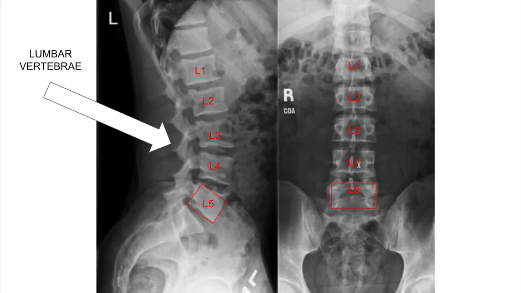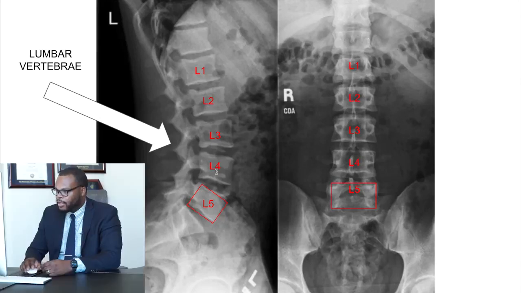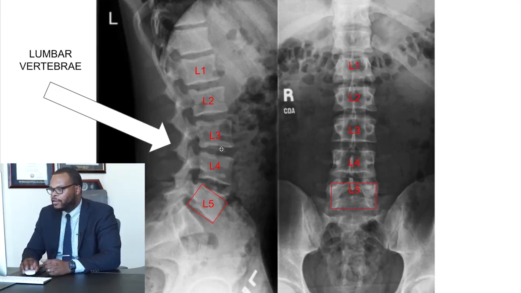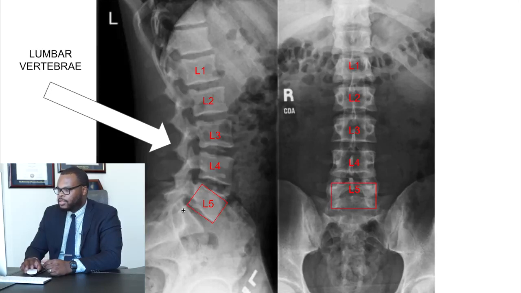So this is the 5th, the 4th, the 3rd, the 2nd, the 1st. And you can tell this is the 12th vertebrae, T12, because you can see the first rib here. And then looking at it from the side here, this is the 5th, the 4th, the 3rd, the 2nd, and the 1st lumbar vertebrae. And then we're getting into the sacral region.